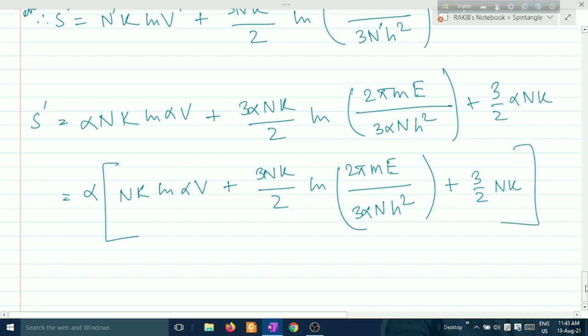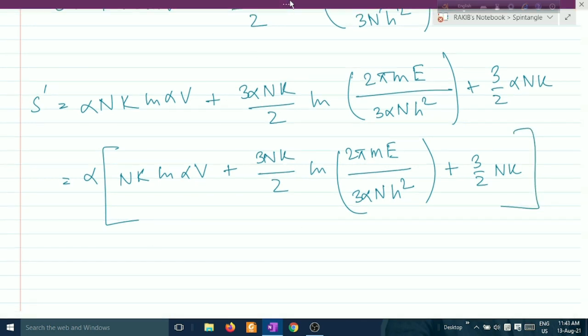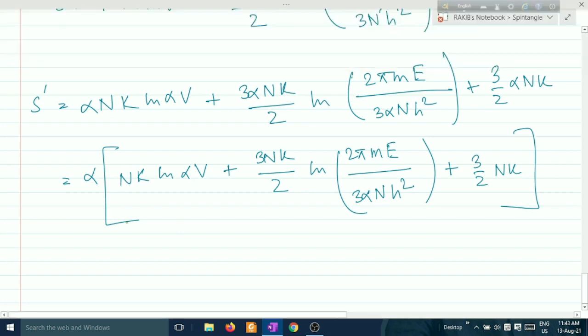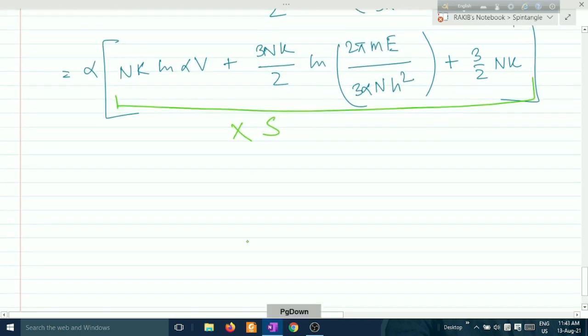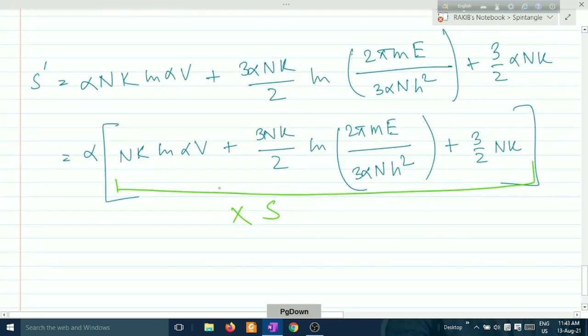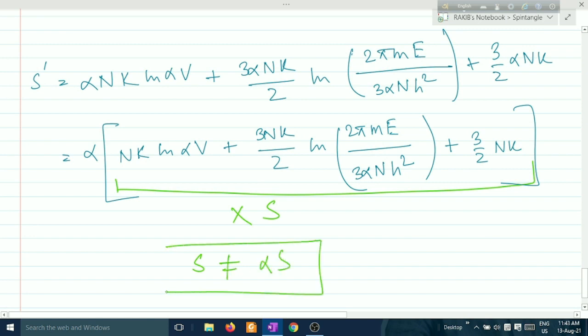You can easily check that the term inside the bracket is not our conventional s. Therefore what we can see from this fact is that s prime is not equal to alpha s. So here is the problem: you are increasing the number of particles by a factor of alpha, and hence the volume will automatically increase by a factor of alpha, say alpha v.